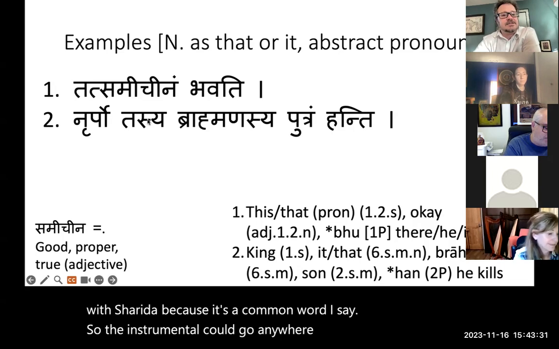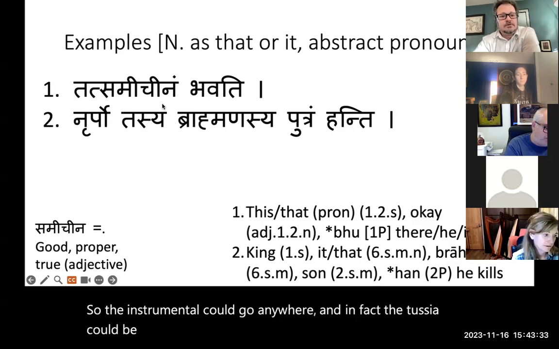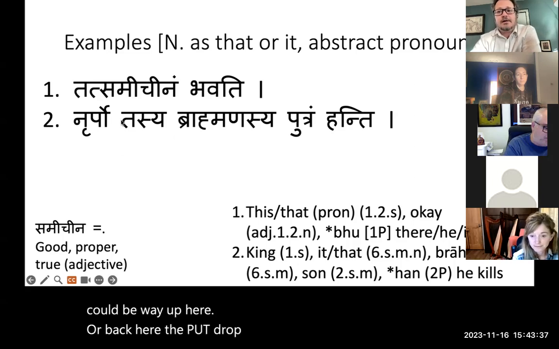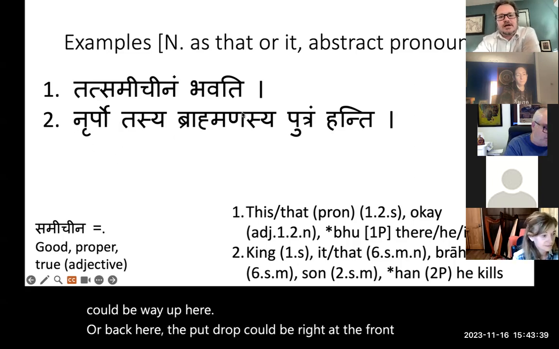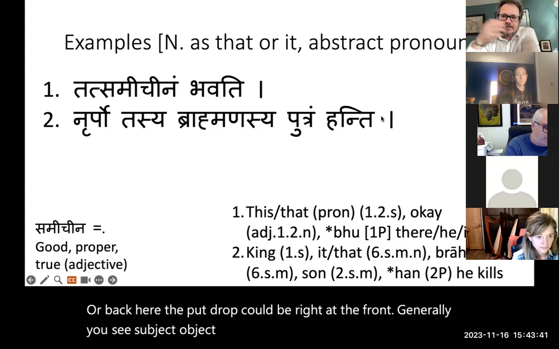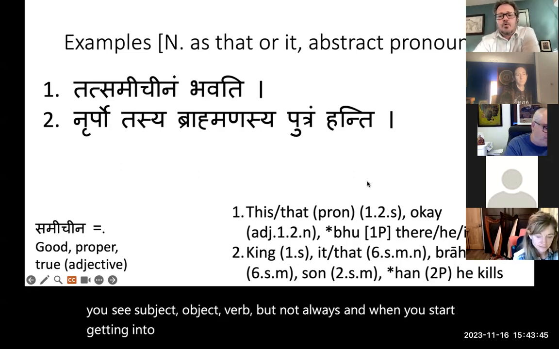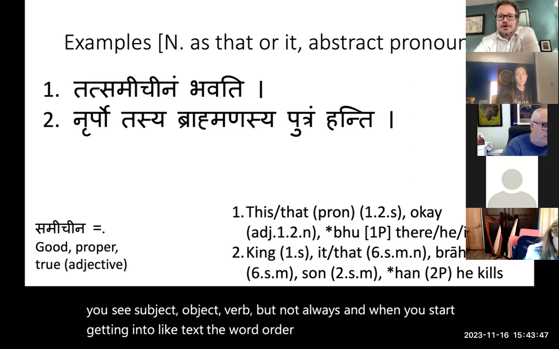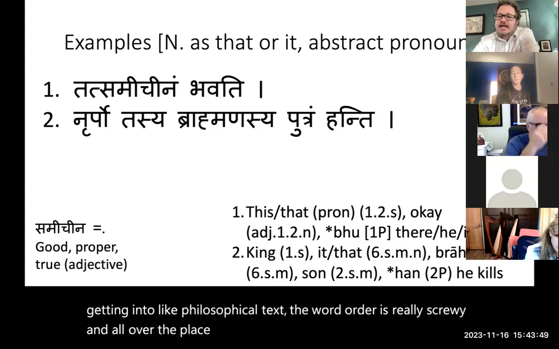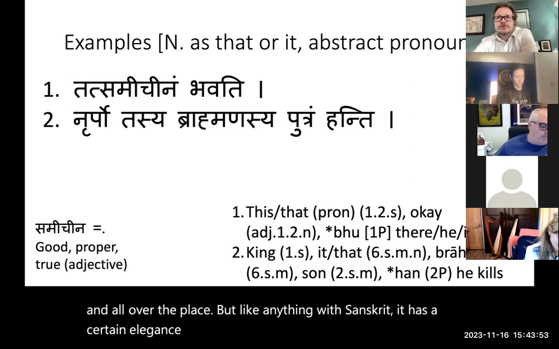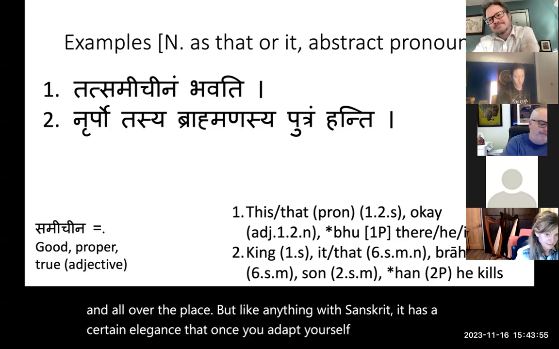And in fact, the tasya could be way up here or back here. The putra could be right at the front. Generally, you see subject, object, verb, but not always. And when you start getting into philosophical texts, the word order is really screwy and all over the place. But like anything with Sanskrit, it has a certain elegance that once you adapt yourself to it, you'll appreciate it.